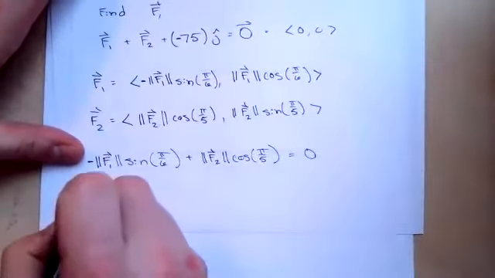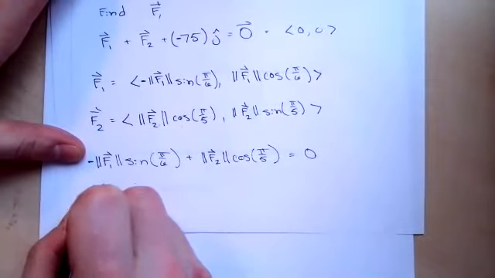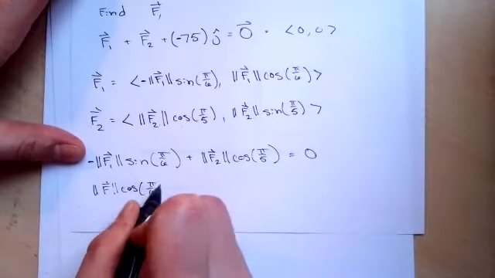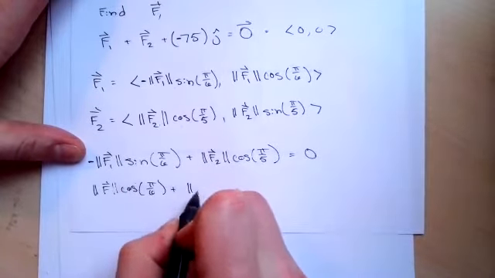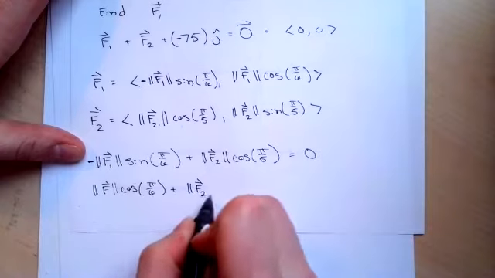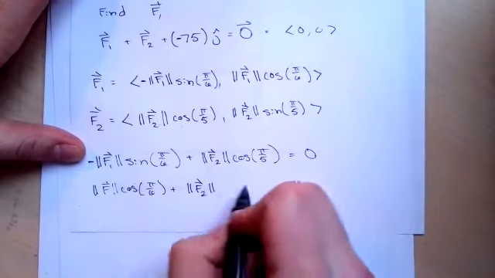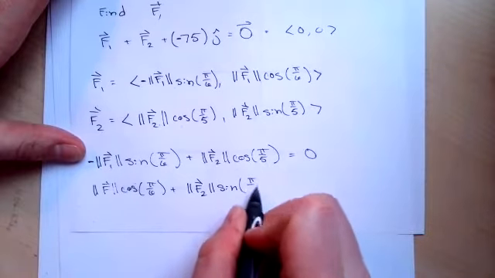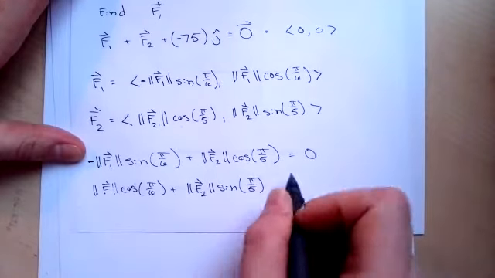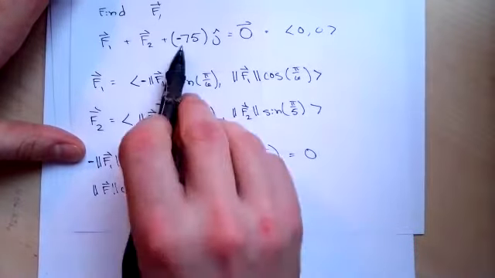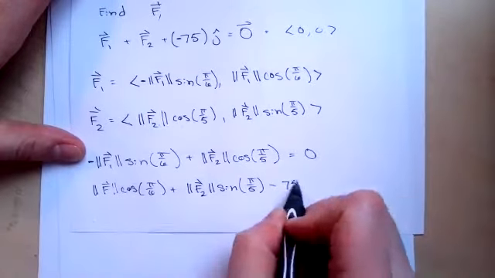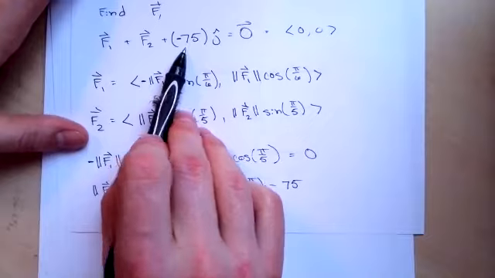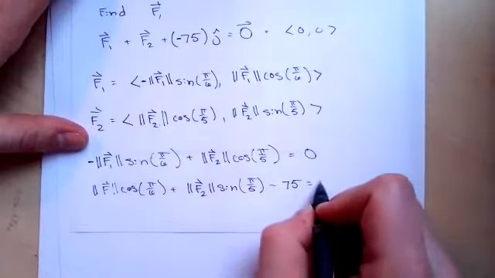In our J components, likewise, we will have norm of F1 cosine pi over 6, plus norm of F2 sine of pi over 5, and now minus 75J, or just minus 75, that quantity in the J component is going to equal 0.